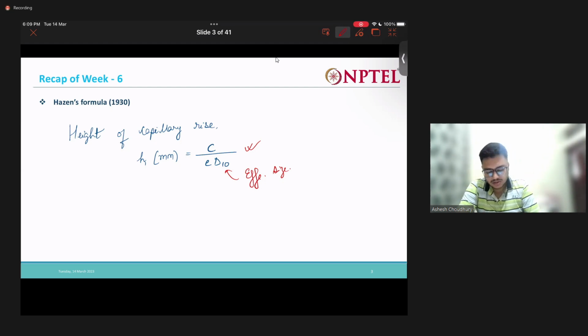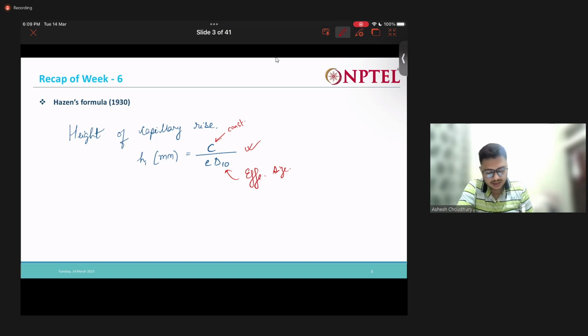So if the effective size is less, the height of capillary rise will be higher, where C is a constant. If the effective size is high, the height of the capillary rise will be smaller.